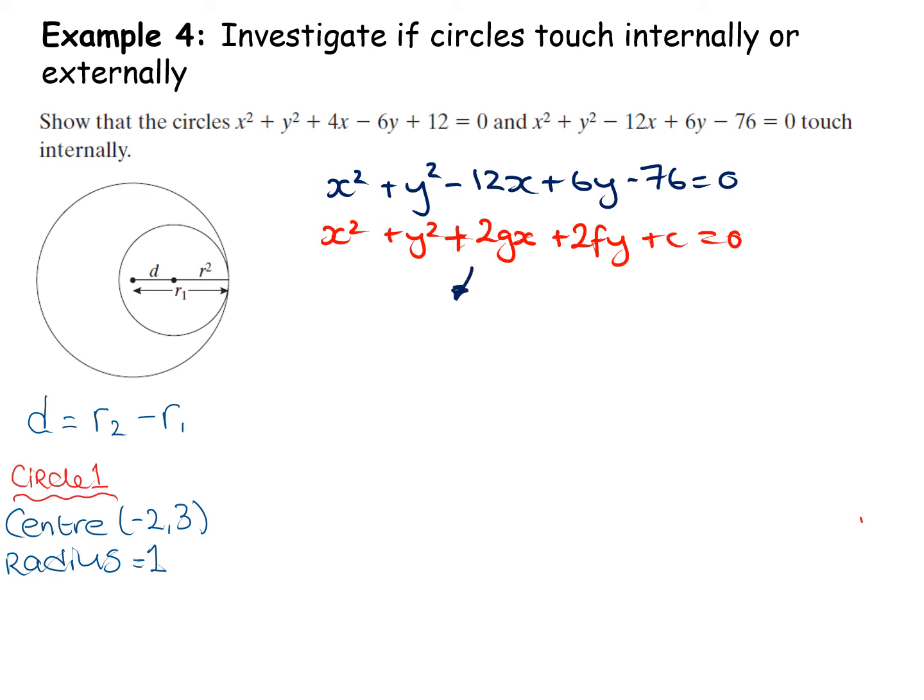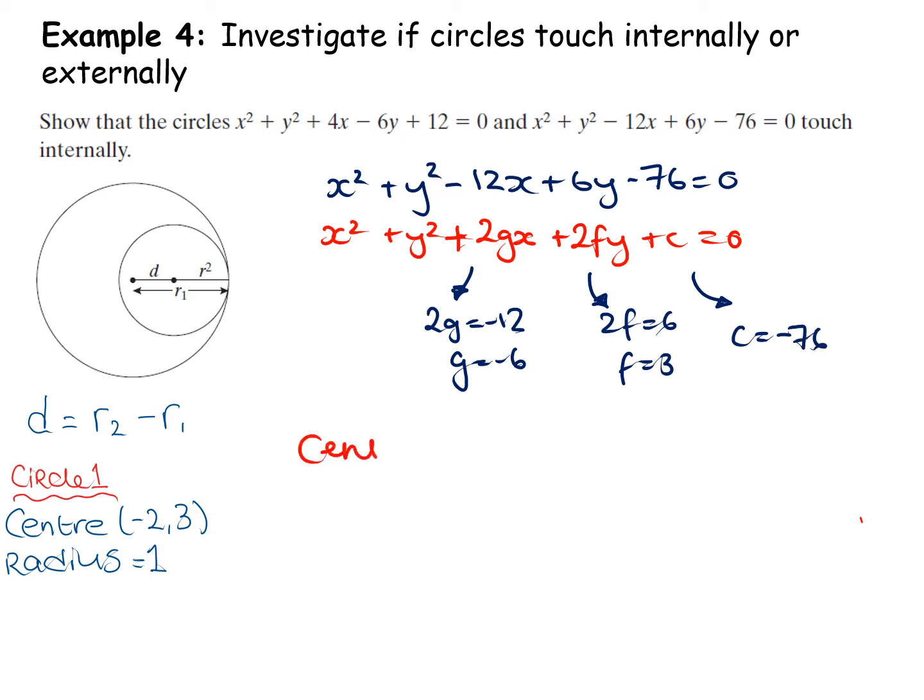I have 2g equals minus 12, so g equals minus 6. Here I have 2f equals 6, so f equals 3, and c is equal to minus 76. Again, going to page 19, my center is minus g, minus f. So that is (6, -3).